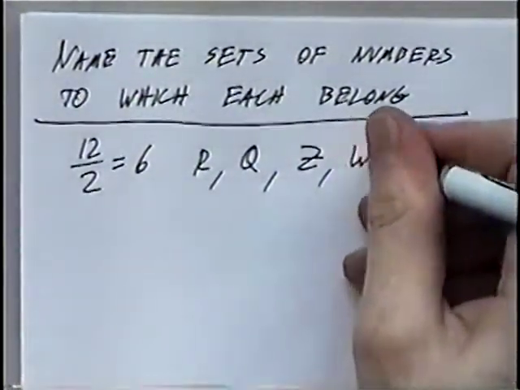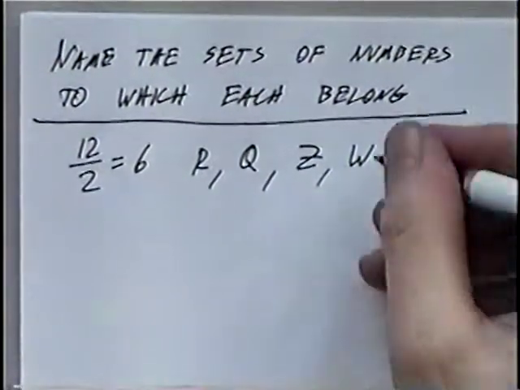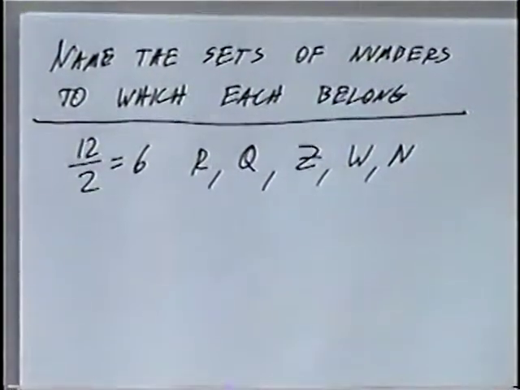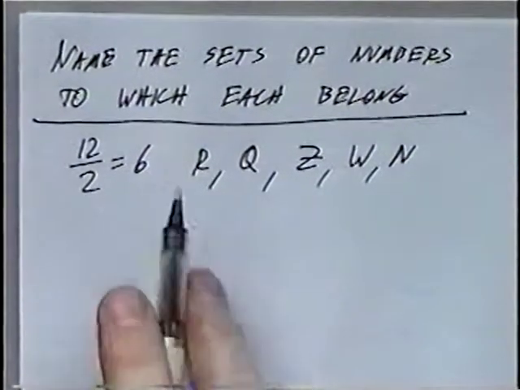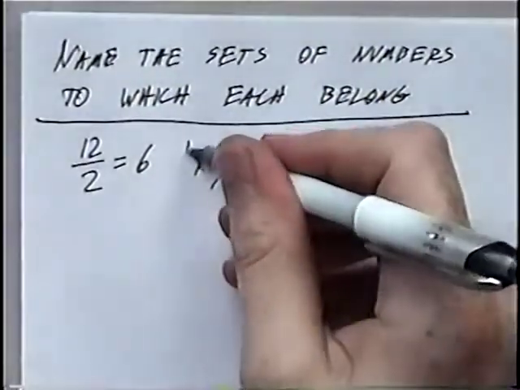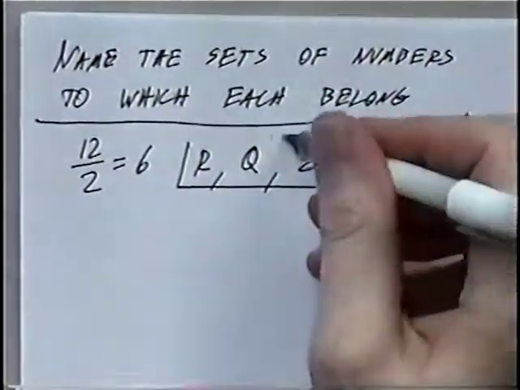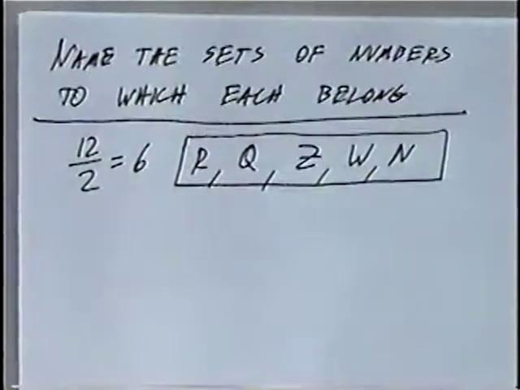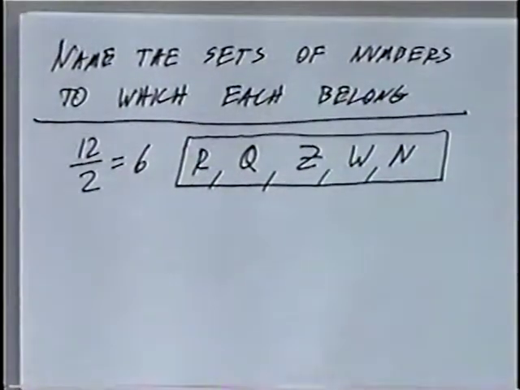It's also a whole number. 6 would be part of the whole numbers, and also part of the natural numbers. It is not irrational. It does not have a decimal that does not repeat or terminate, and it's not a square root. So the 5 sets of numbers: real, rational, integer, whole, and natural.